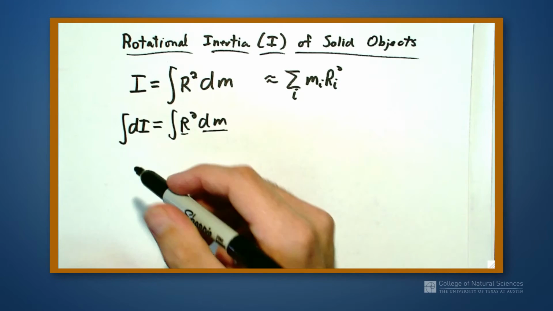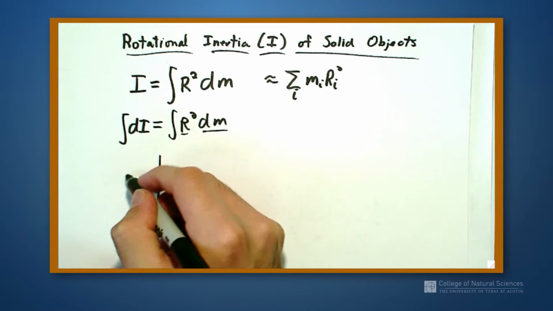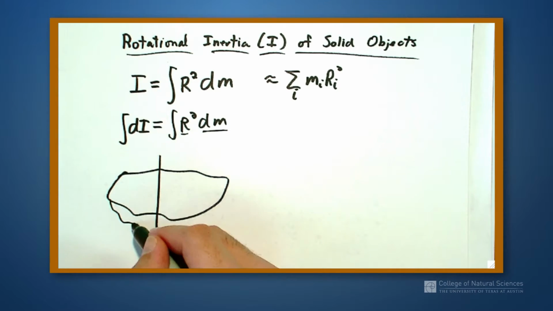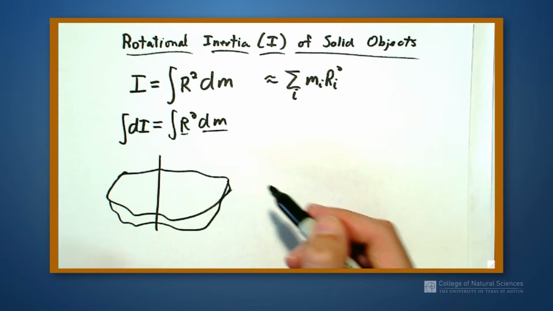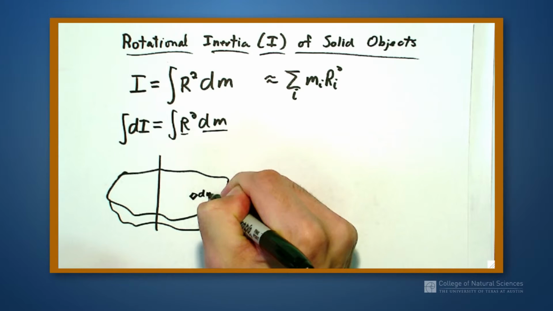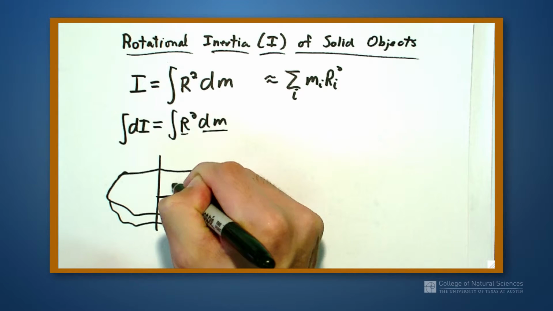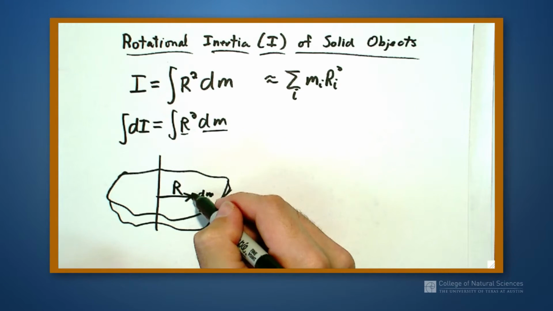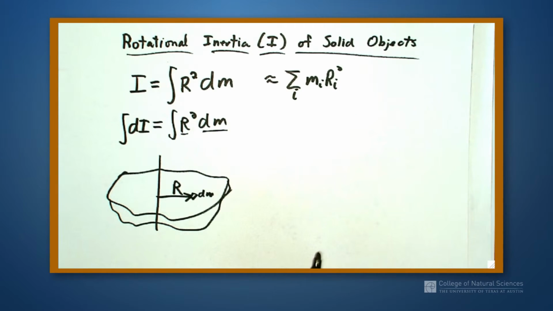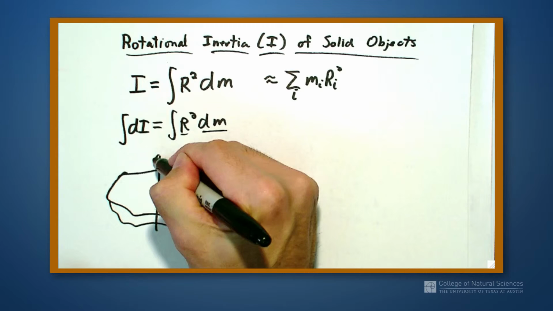If I have some weird-shaped three-dimensional object, looking something like this, I need to figure out where my little dm is and its radius out, and then how to add up all my little dm's. For a shape like this, it's going to be very difficult.